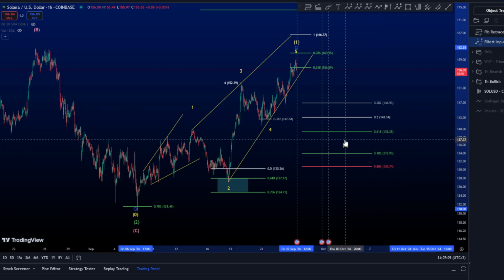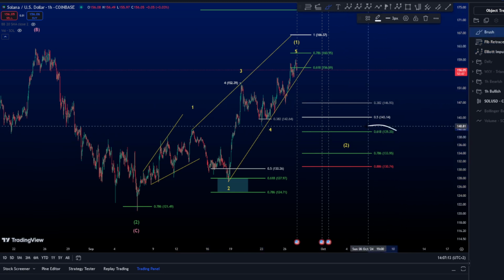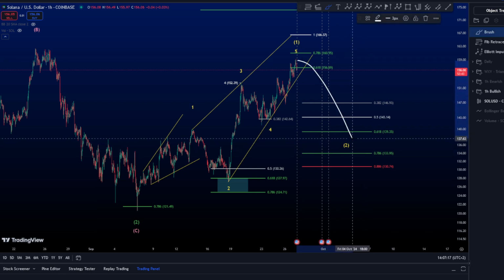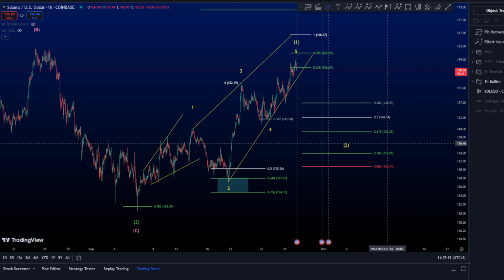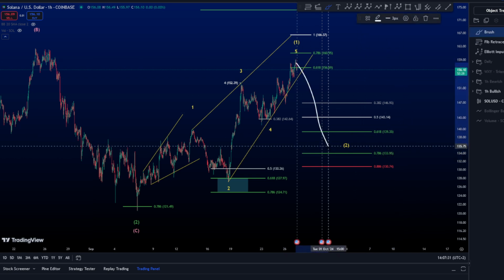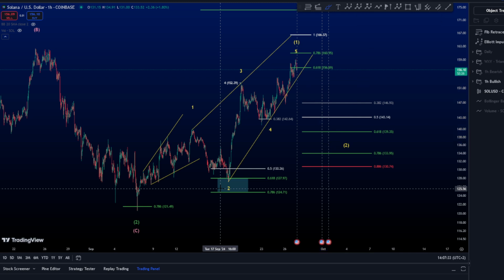Minimum requirement is 0.38, but preferably it is the green box, which is the most common target for a wave 2, and then moving up towards the upside. So your preferable targets would be at $139 and $133. Between those two prices, it might be a great possibility for a wave 2.